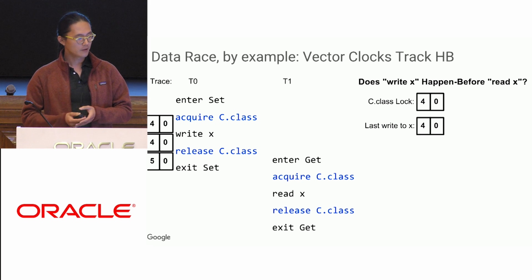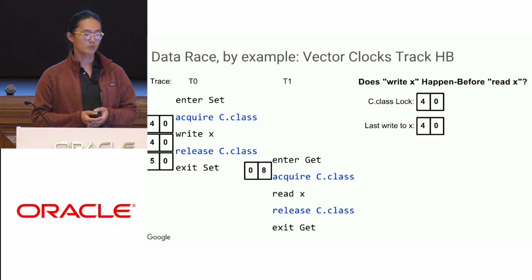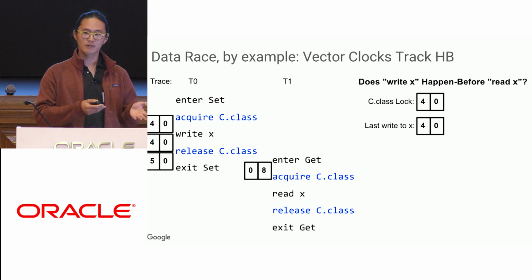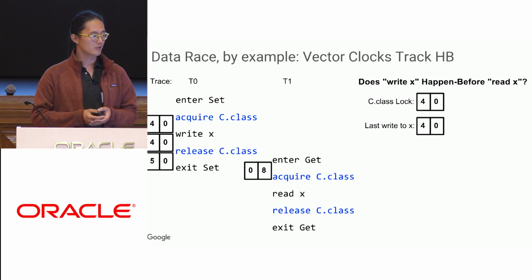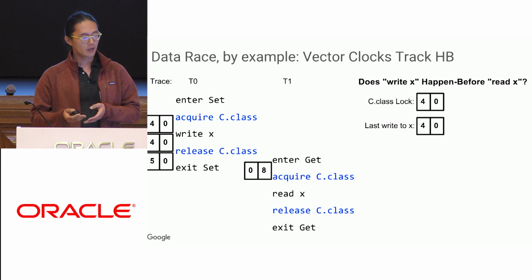Meanwhile, for T1, by way of example, let's say that the current vector clock for T1 was 0, 8. So it's thread T1, and when you index into 1, the current time is 8. And 0 on the other clock means we haven't synchronized with T0. When we do an acquire, this is the way we do the acquire update.